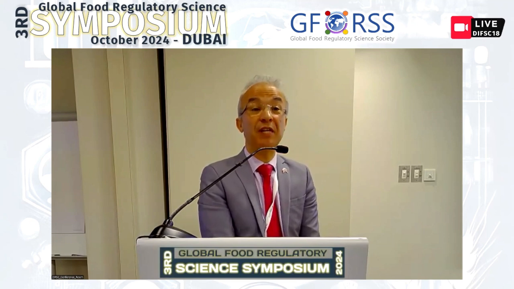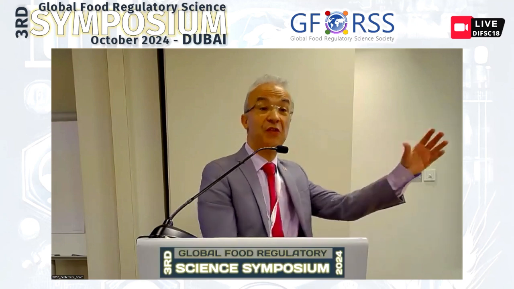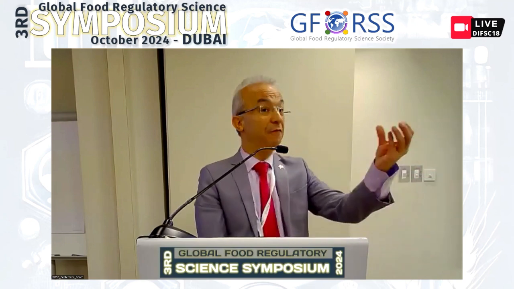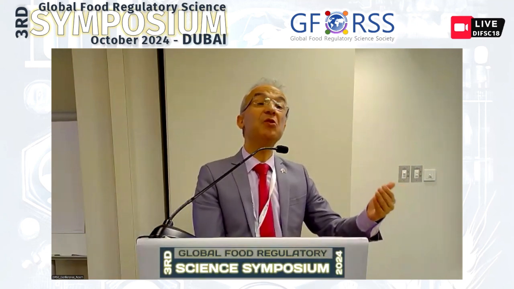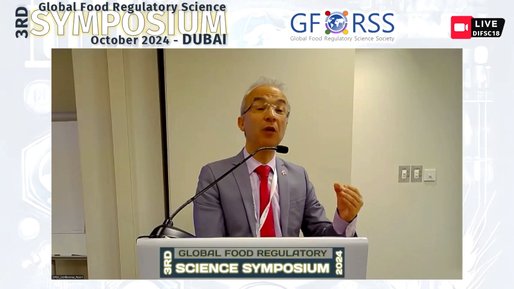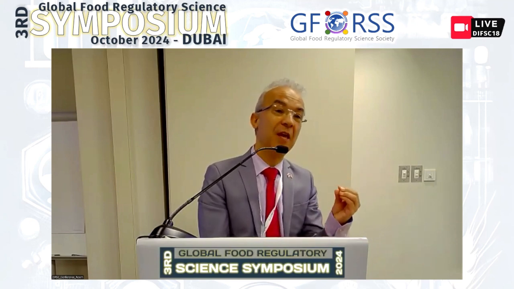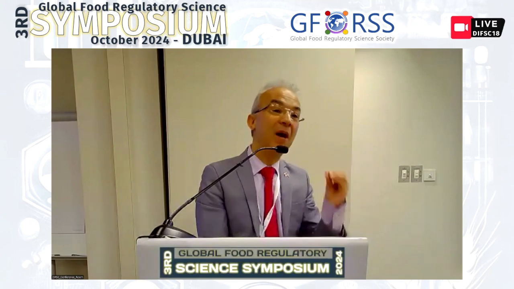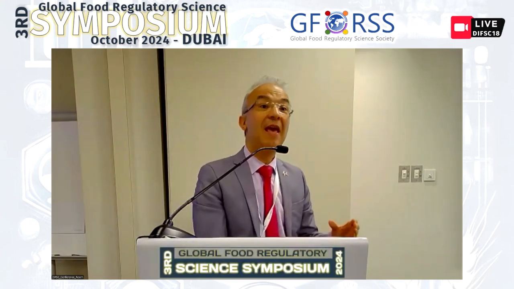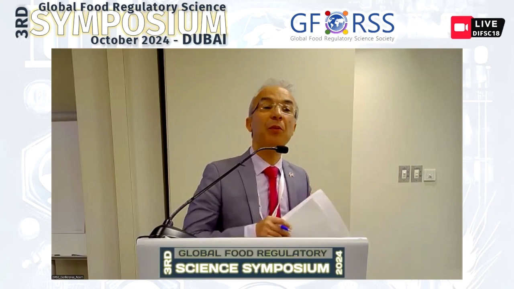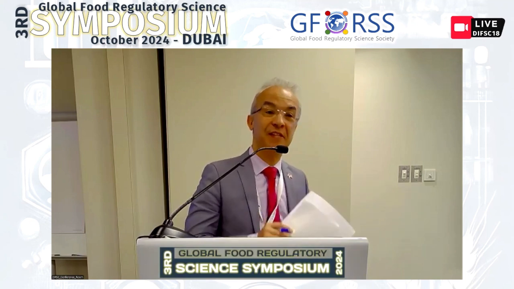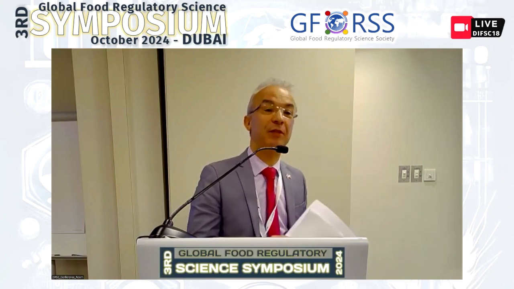And the exposure comes from two factors: differences in the occurrence level and differences in the consumption patterns. The difference in risk assessments can also result from differences in the level of protection that is accepted by a particular jurisdiction. And that's the prerogative of each jurisdiction to determine.